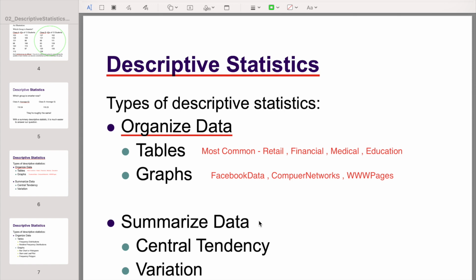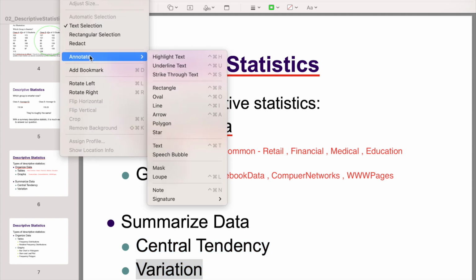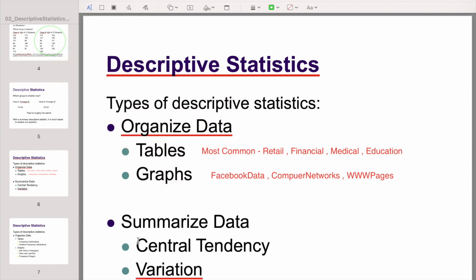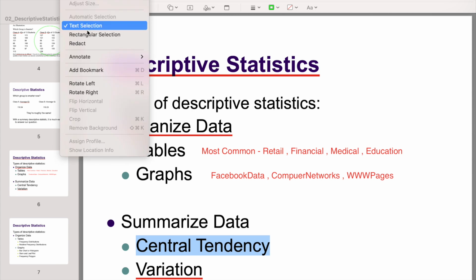We could summarize the data by calculating average, or we can try to find some central tendency in the data and then the variation from that tendency. So the descriptive statistics would allow us to do this.